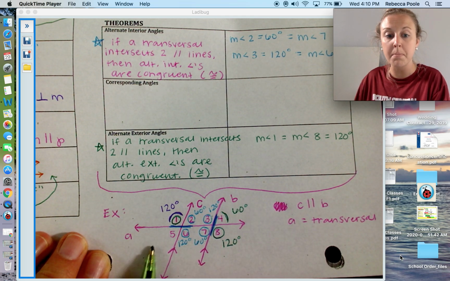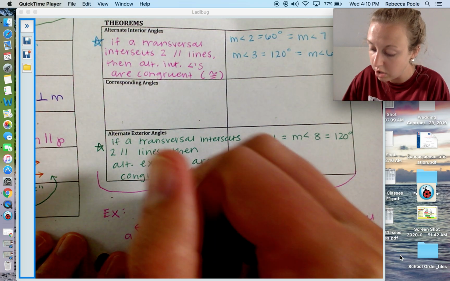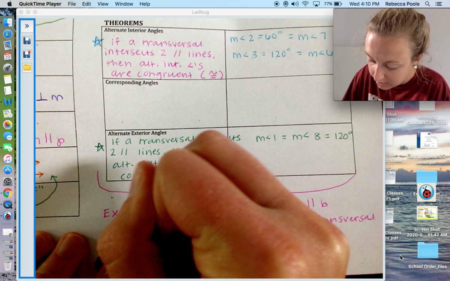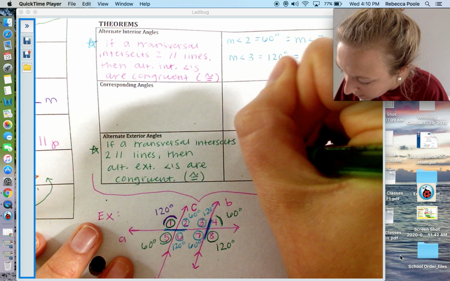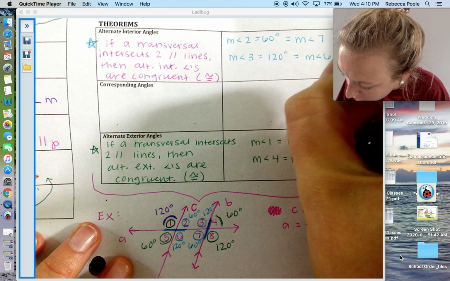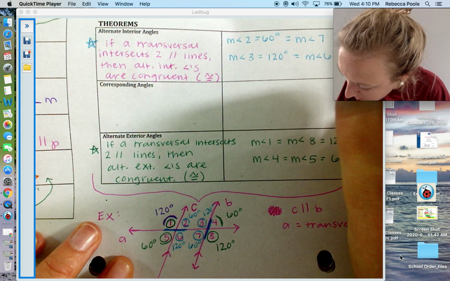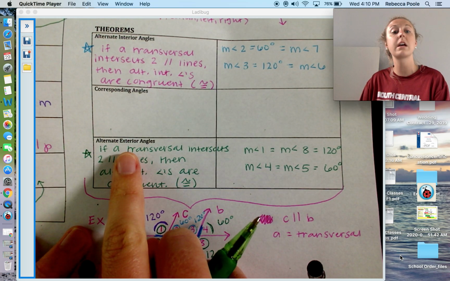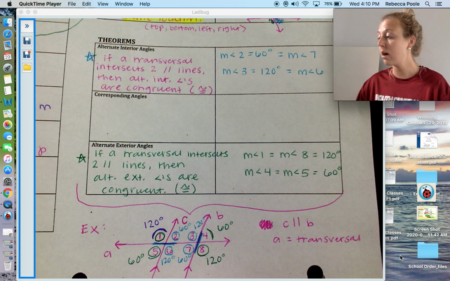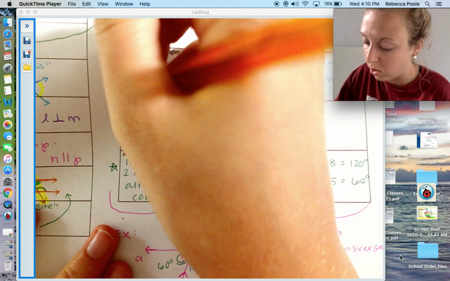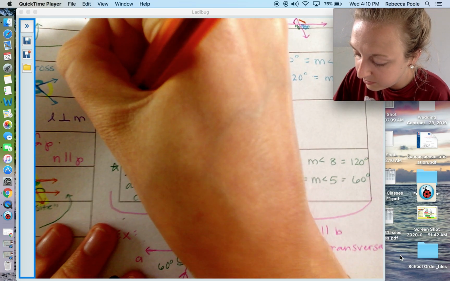I need to go to the bottom left. That should also be 60 degrees. It should balance out, okay? So measure of angle 4 should equal the measure of angle 5, which should equal 60 degrees because they are alternate exterior.